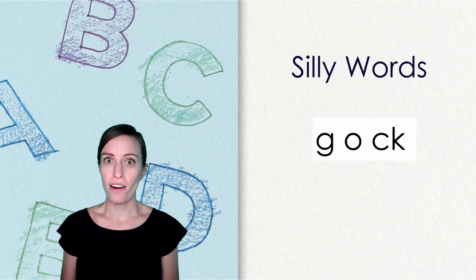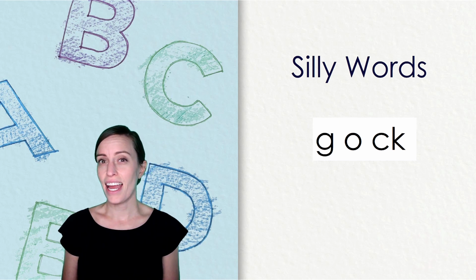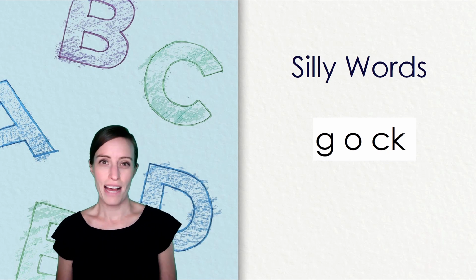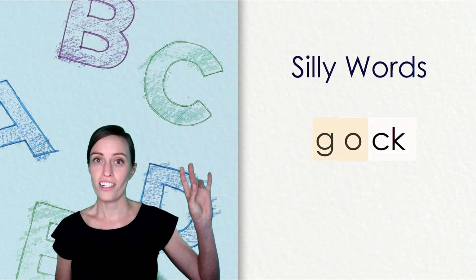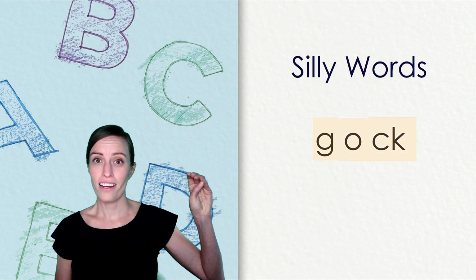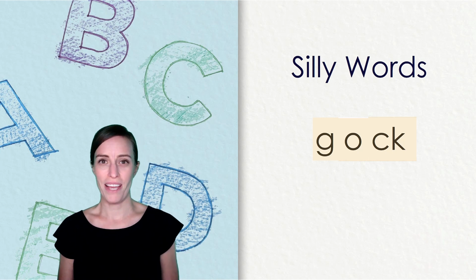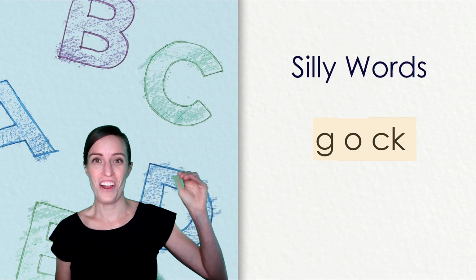There is a part that I am familiar with. I know that CK says K. Let me try tapping it out. G, A, K. Gawk. That sure was a silly word. Try it with me. G, A, K. Gawk.